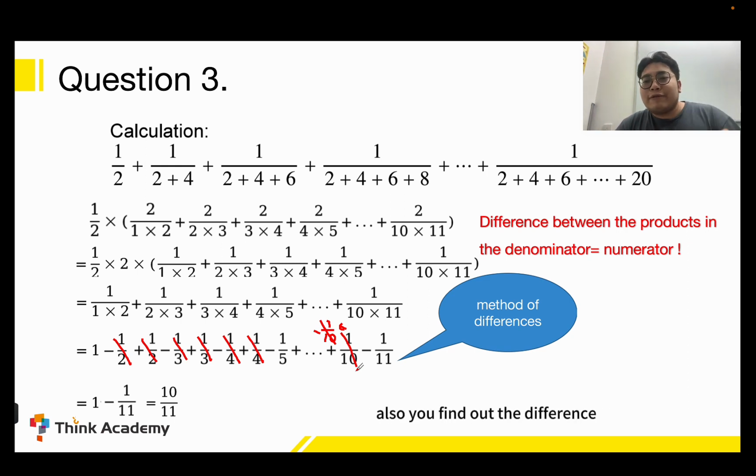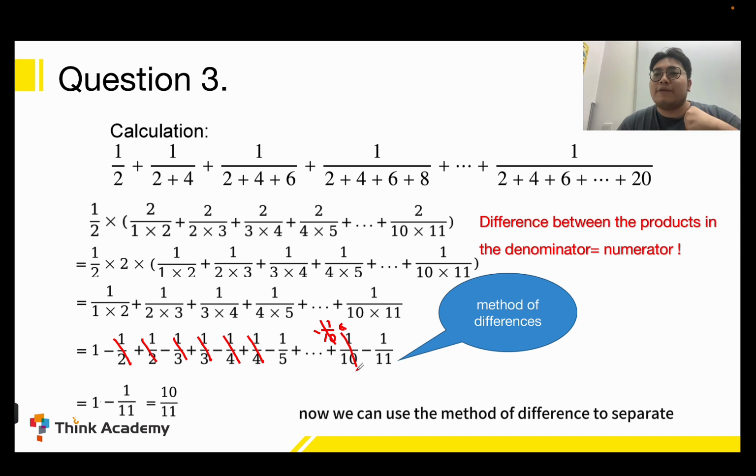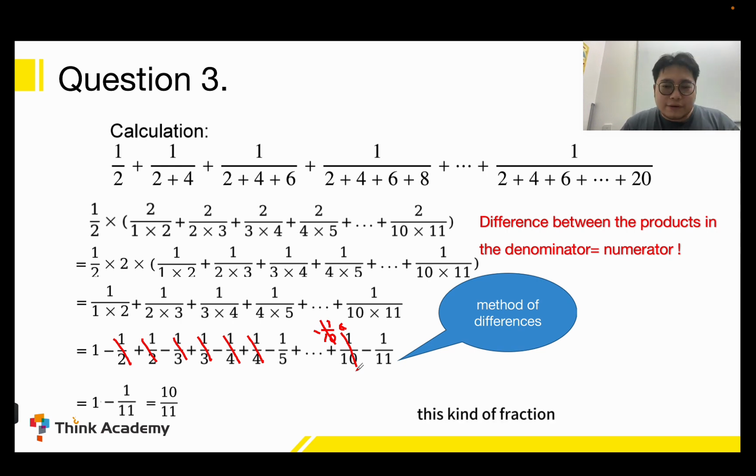Also, you find the difference between the factors in the denominator equals the numerator. Now we can use the method of difference to separate this kind of fraction. Then after that, cancel. The remaining part will become a very easy number, 1 minus 1 over 11. After that, you can find the correct answer. Okay.